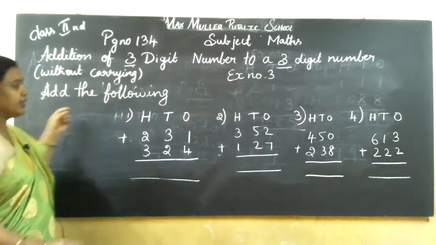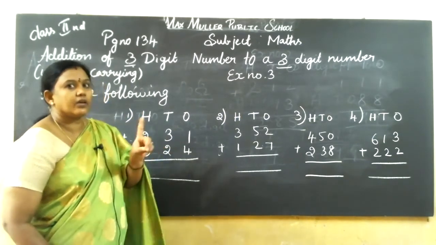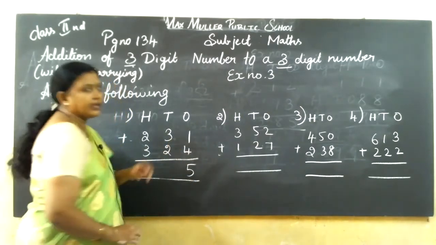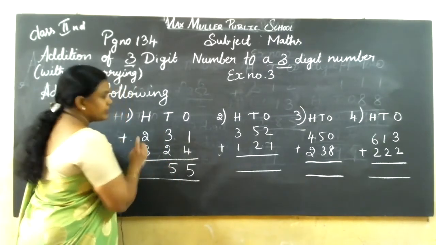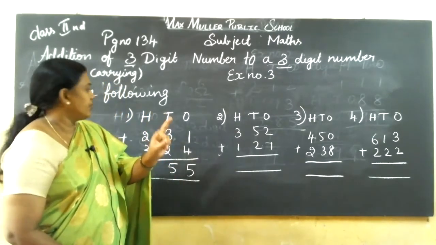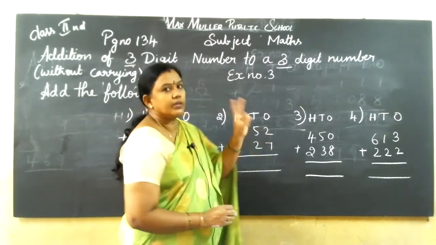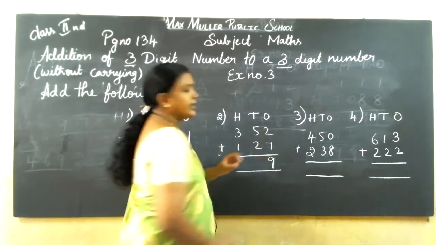Now listen properly. Ones column we will add first. 4 in the mind, 1 in the finger. After 4, 5. 3 in the mind, 2 in the finger. After 3, 4, 5. Here 7 in the mind, 2 in the finger. After 7, 8, 9. 5 in the mind, 2 in the finger.